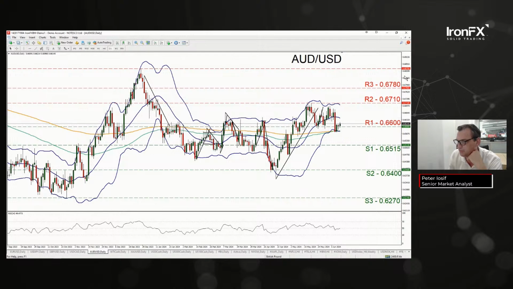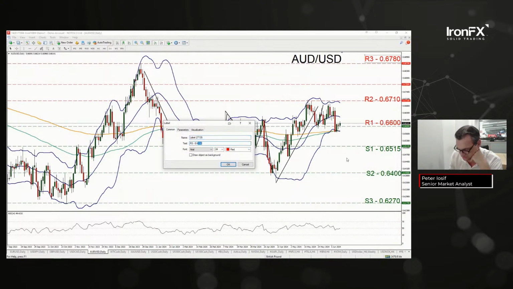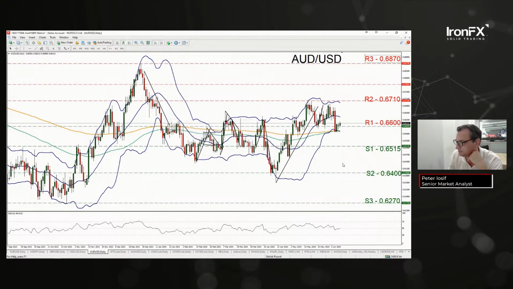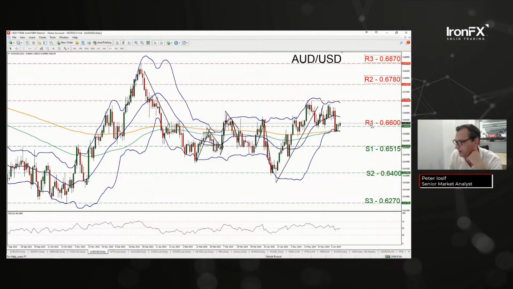Let's readjust the labels. Starting with the R3, which is now being placed at 0.6870. The R2 at 0.6780. The R1 at 0.671.